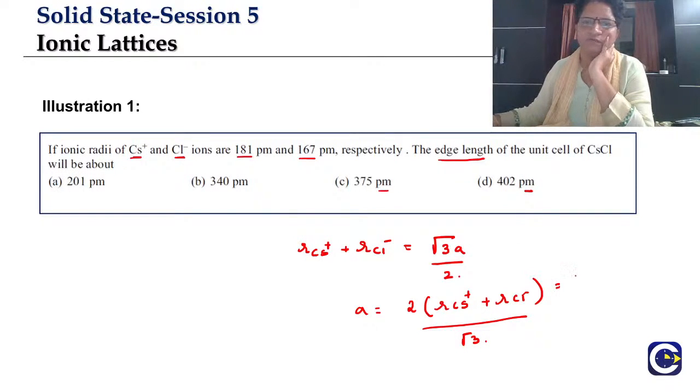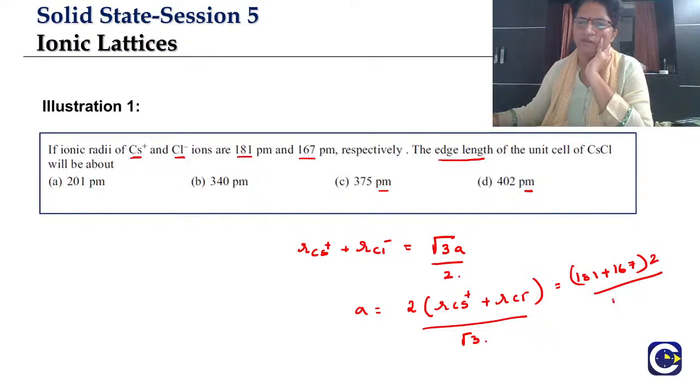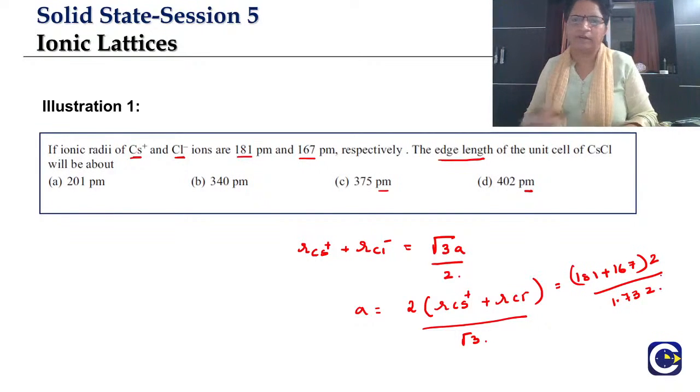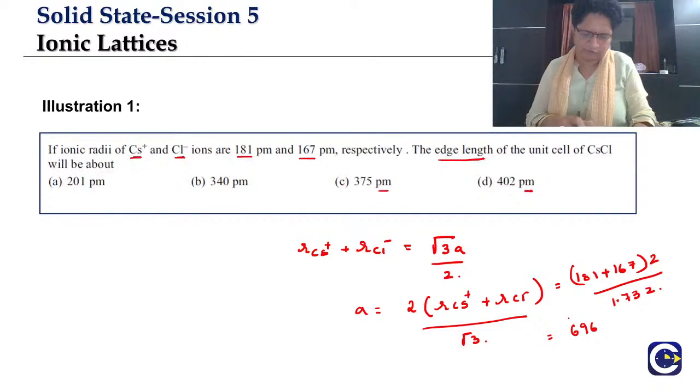How much is this? 181 plus 167, into 2. What is root 3? 1.732. Let's calculate. 181 plus 167, how much is it? 348, into 2 is 696, divided by 1.732.